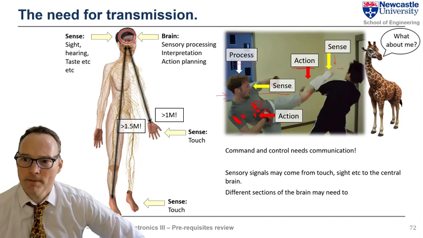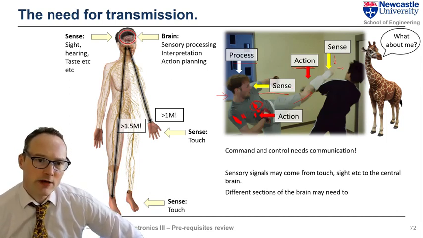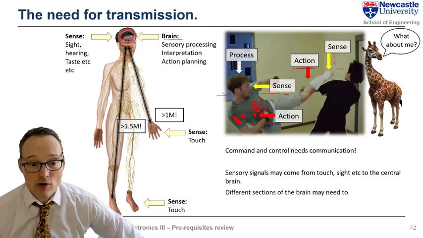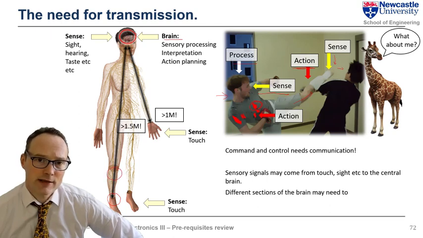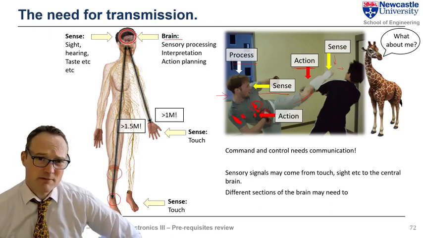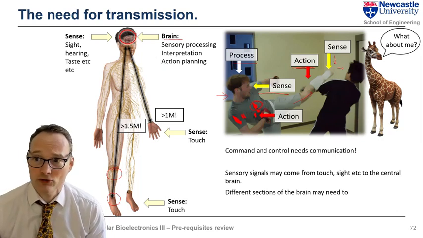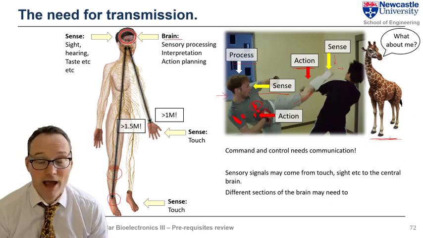So there are many other examples of this: people playing tennis, driving cars, walking, hunting, and a whole number of other senses. So the key aspect here is that there has to be communication from this processing center, which we call the brain, all the way down to the extremities where we have touch sensors or perhaps muscles that we need to activate. And this distance can be a meter, 1.5 meters. If you think about giraffes, this distance can be 5 meters.